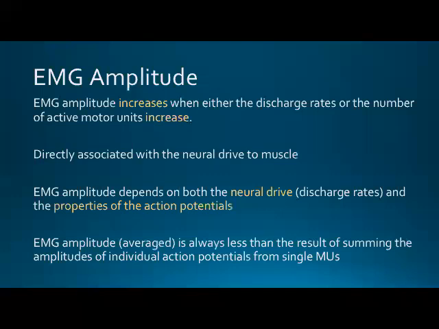If you increase that firing rate, you can increase the amount of torque or force produced from a single muscle fiber. So you can improve force or increase force by either recruitment or firing rate. So that's what we're trying to tease apart with the amplitude. Again, it's just an estimate, but it's a better estimate than not having anything.